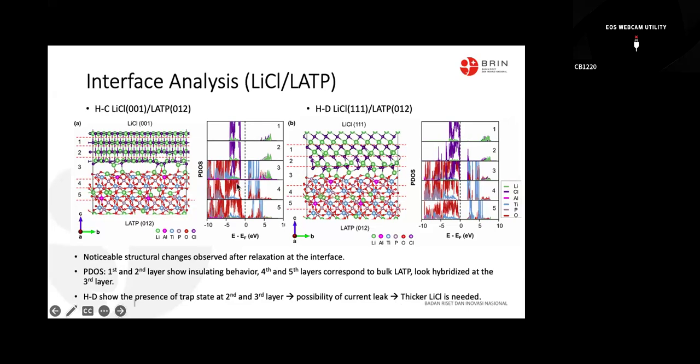The partial density of state plots revealed that the first and the second layers represent bulk lithium chloride, the fourth and the fifth layers represent the LATP, while the third layer shows the hybridization. Okay, the HD shows a trap state at the second and the third layer. So that's why in this configuration, maybe thicker lithium chloride is needed.